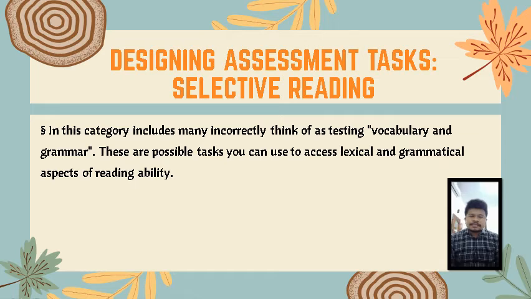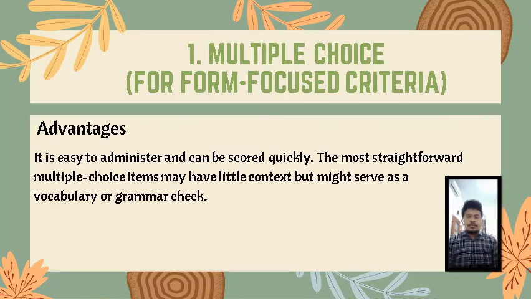And the next is designing assessment task: selective reading. So this category includes what many correctly think of as testing vocabulary and grammar. These are possible tasks you can use to assess lexical and grammatical aspects of reading ability.